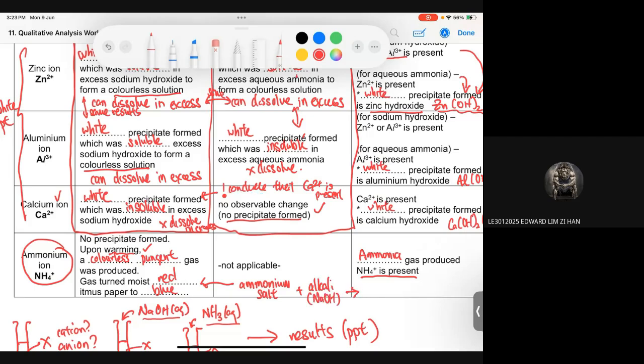What you're going to get is your salt plus water plus ammonia gas. So actually, you're letting the ammonium salt undergo this particular reaction. And when the ammonia gas is produced, you know that the ammonium cation is present in the salt itself. Okay? So we are done with the test for cation here.